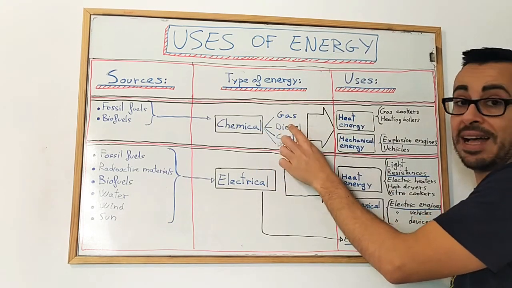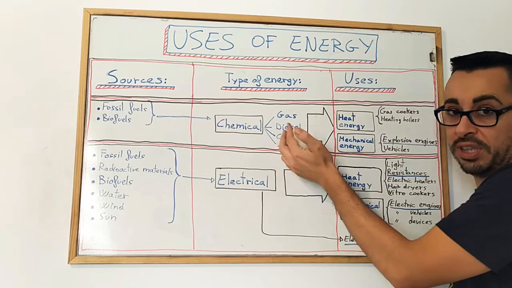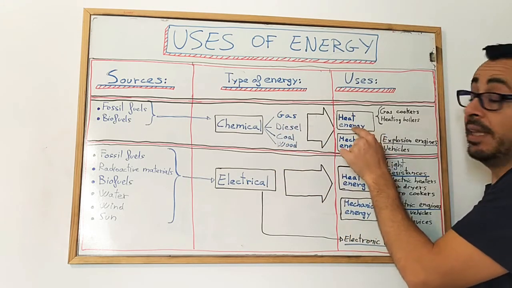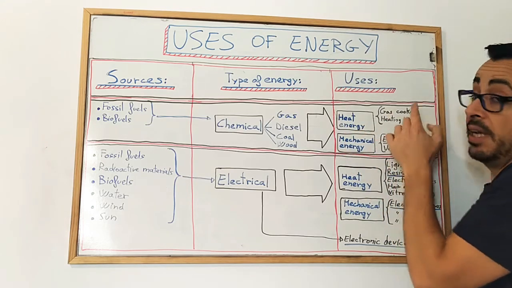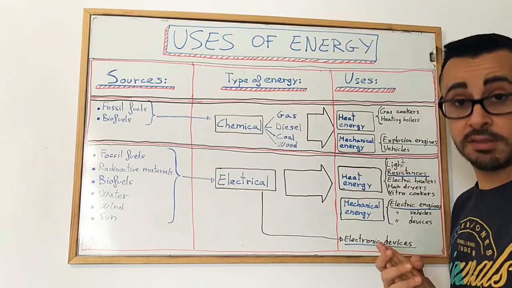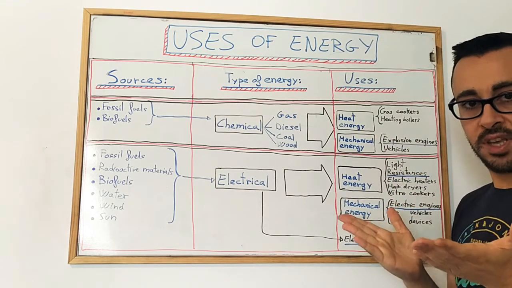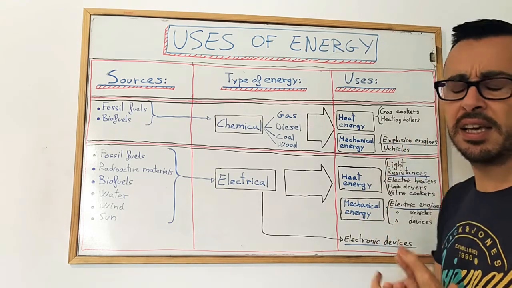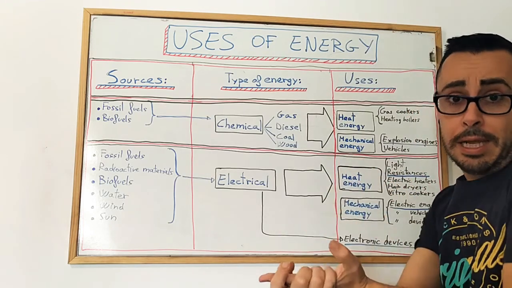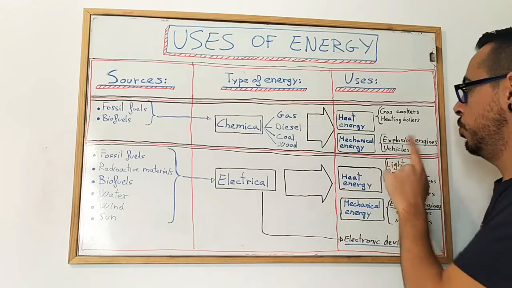When we burn gas or when we burn coal or wood or diesel, we produce heat. And we use that heat for the gas cookers, la cocina de gas, or the heating boilers. The heating boilers are the calderas. La caldera de gas calienta agua y el agua sale caliente y calienta el radiador.